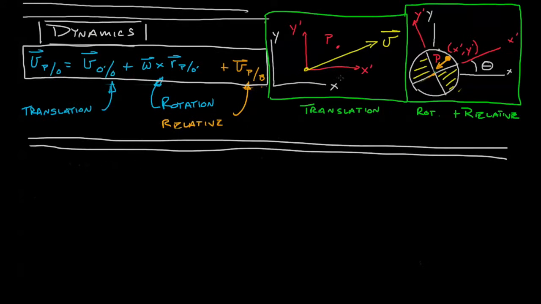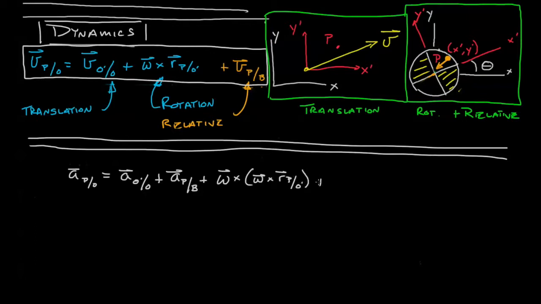Now let's take a look at the acceleration equation. The acceleration of point P with respect to O equals the acceleration of O prime with respect to O, plus the acceleration of point P with respect to the B reference frame, plus omega cross omega cross position of P with respect to O prime, plus omega dot cross position of P with respect to O prime, plus 2 omega cross the velocity of P with respect to the B reference frame.